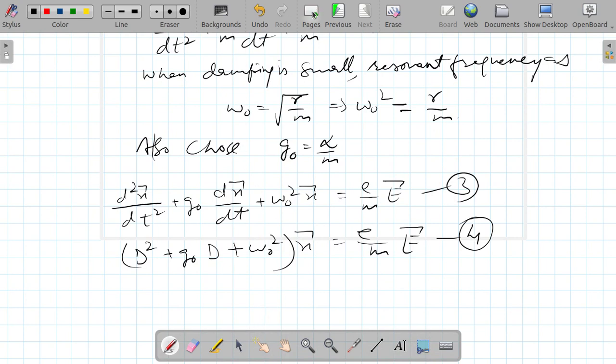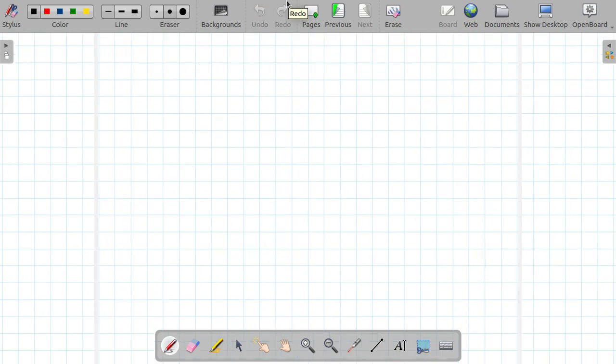Now to incorporate polarization, let us define polarization.